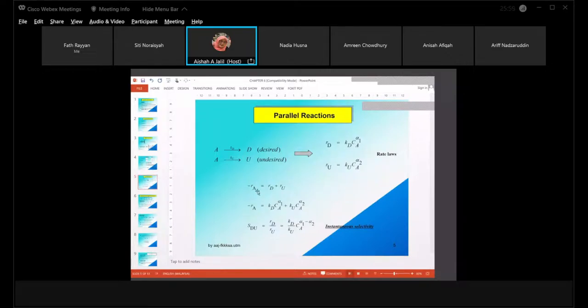So the overall negative RA is equal to RD plus RU. This is the total because we have the same starting material. So the total rate must be RD plus RU. Because RD is here and RU is here, it becomes like this.